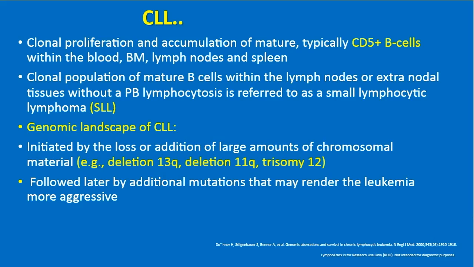If you look at the genomics, a lot of studies have come out lately, as you can imagine, with genomic testing becoming very common, that help us identify the genomic landscape of CLL. Most patients present with a large number of chromosomal abnormalities, mainly deletion 13q, deletion 11q, and trisomy 12. And additional mutations, along with these large chromosomal changes, may make the disease more aggressive.